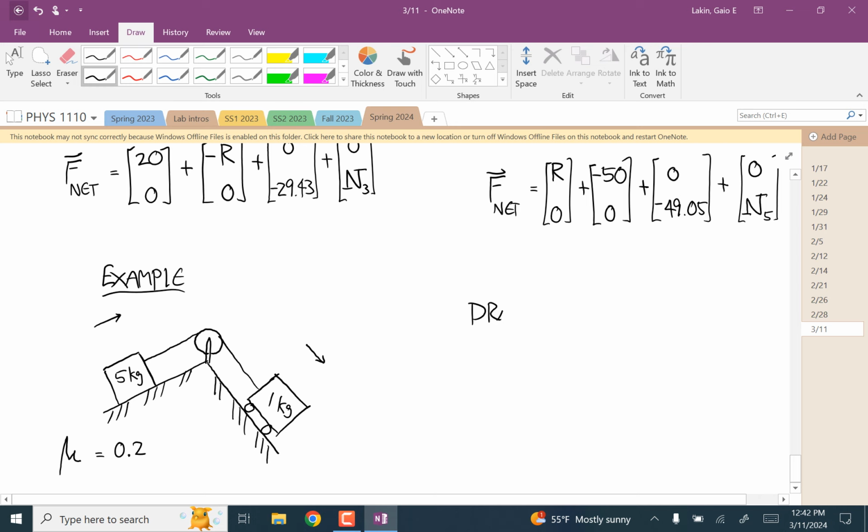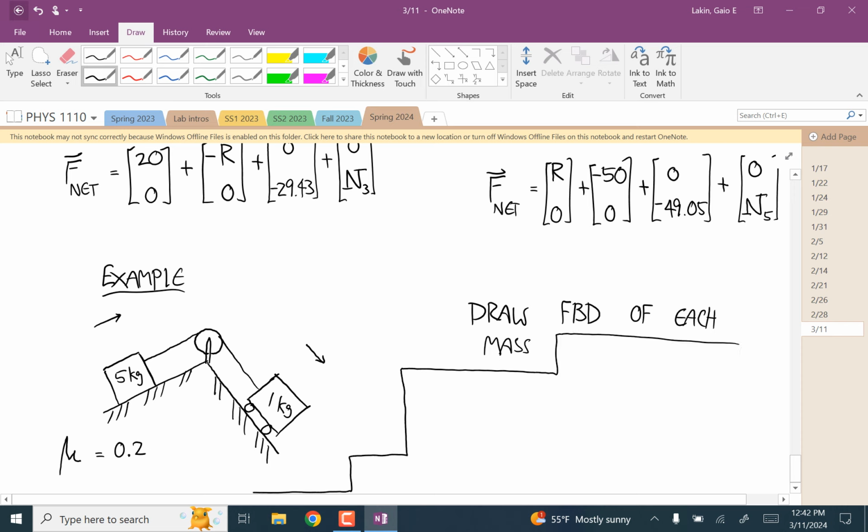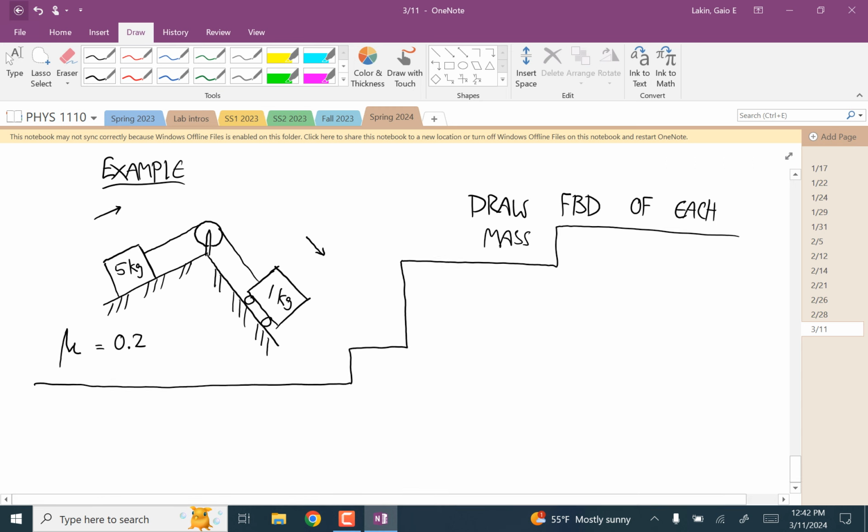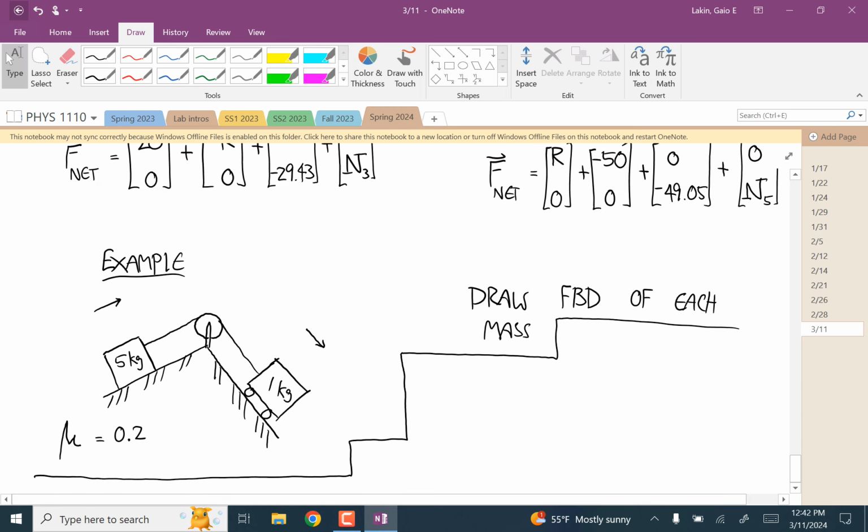And we want to draw a free body diagram of each mass. Okay, so take a couple minutes and see if you can think through this.